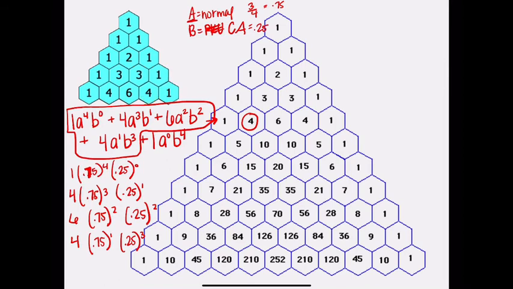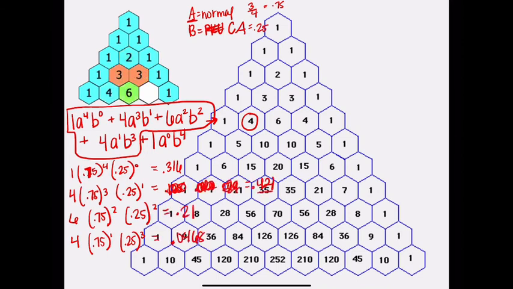So 0.75 is 0.316. Okay. The next one is 0.105.